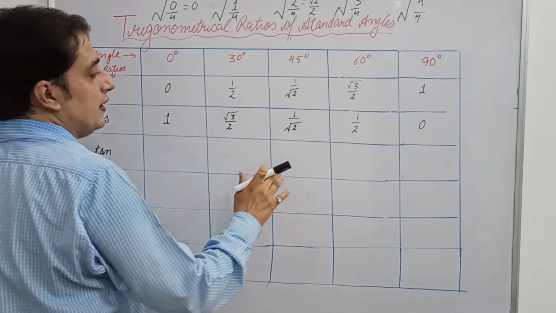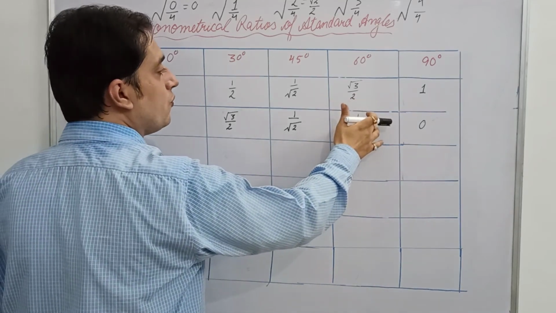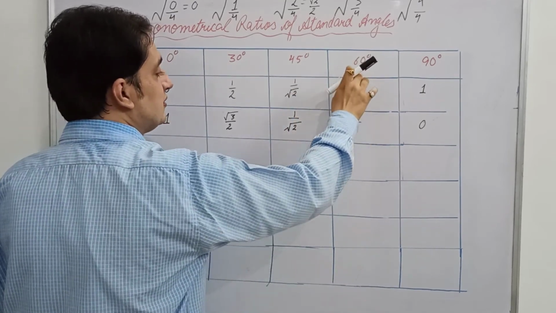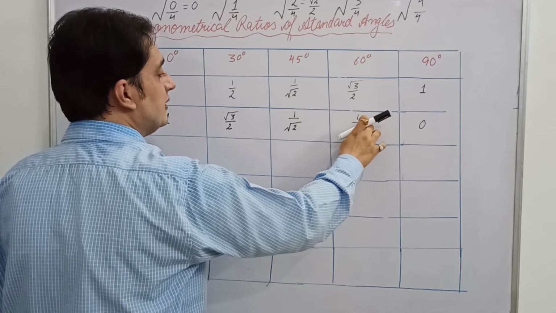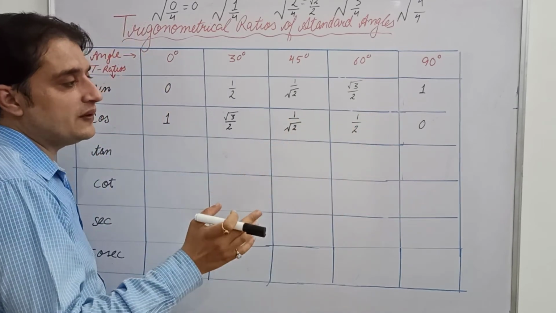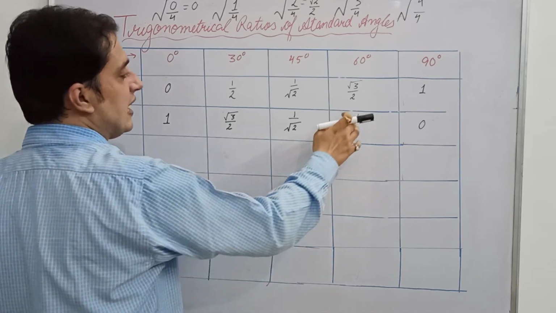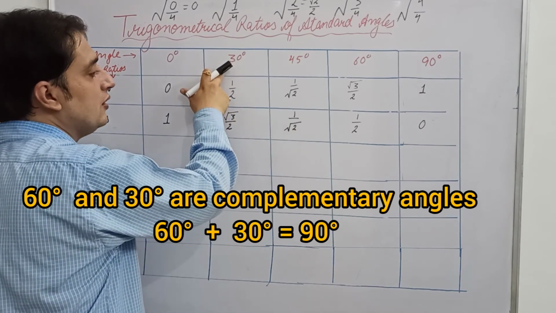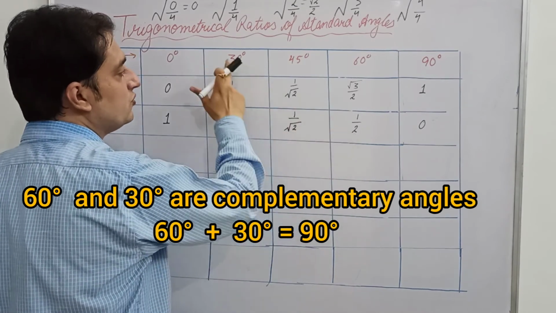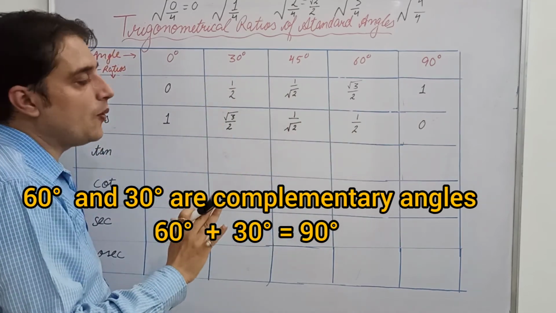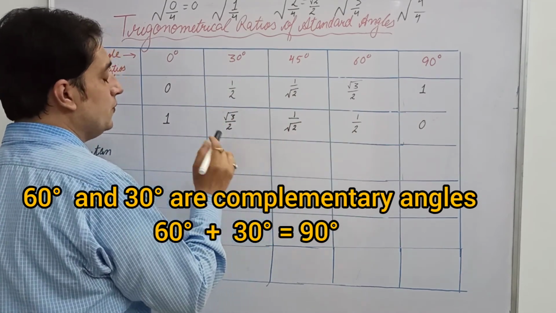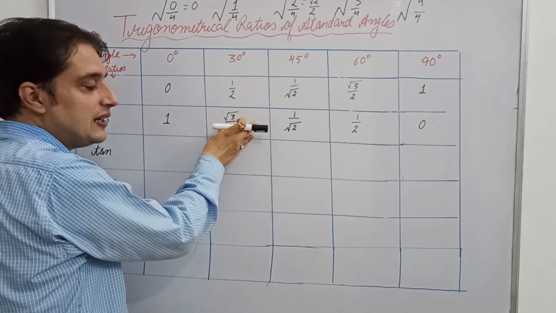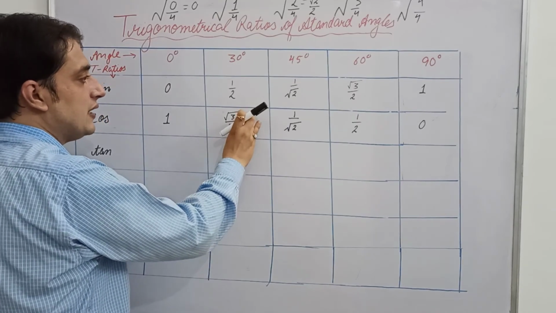Because see, if I ask what is the value of cos 60 degree, you see the angle 60 degree and its complementary angle. What are complementary angles? The sum of two angles is 90 degree. So what is the complementary angle of 60 degree? That is 30 degree. So you see the value of sine 30 degree for this cos 60 degree, because 60 and 30 are complementary angles. So if you want to know the value of cos 30 degree, what is the complementary angle of 30 degree?